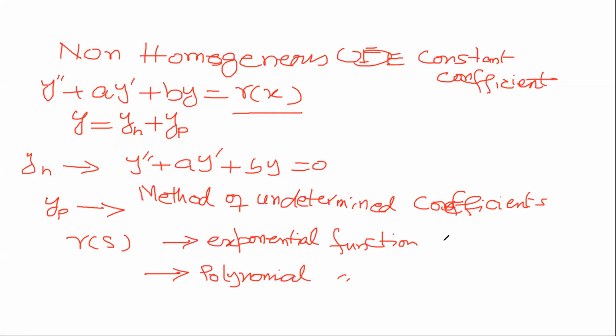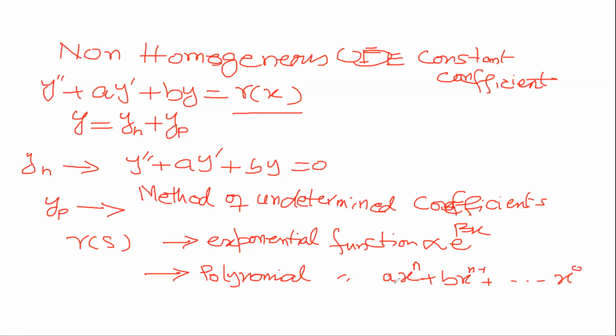The exponential function will be of this form, alpha e to the power beta x. And the polynomial will be of this form, a x to the power n plus b x to the power n minus 1 plus c, up to x to the power 0, that means the constant term.